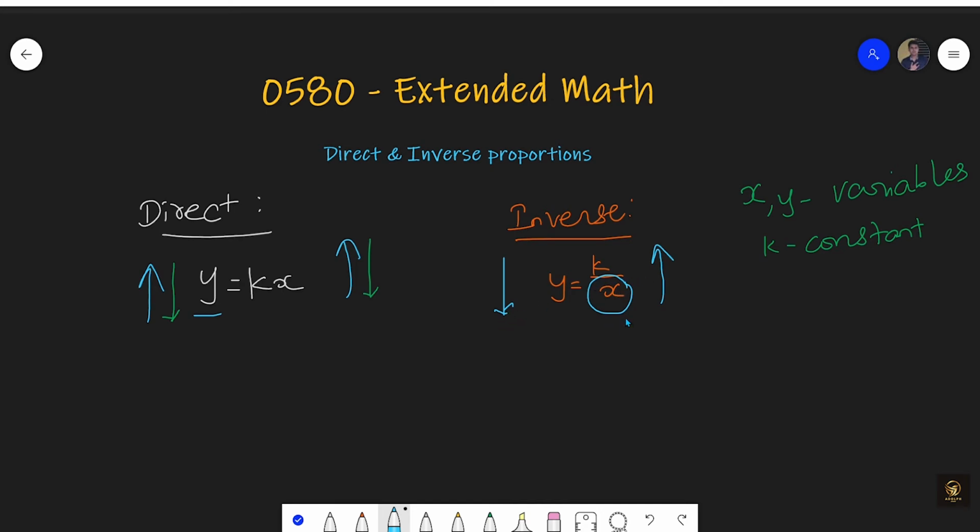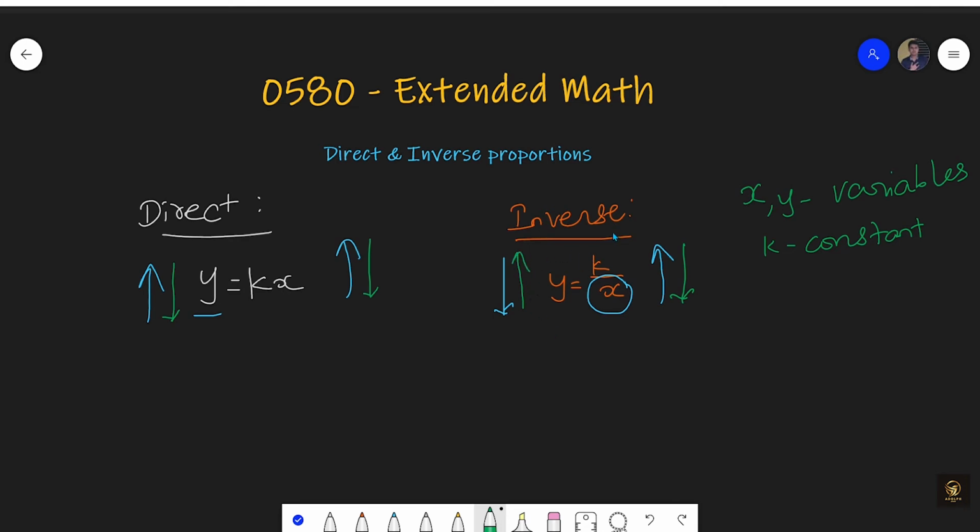So if the denominator is high, then the y value is going to be very less. And in the other case, if x is very small, then automatically the share amount, or the y value, is going to be higher.